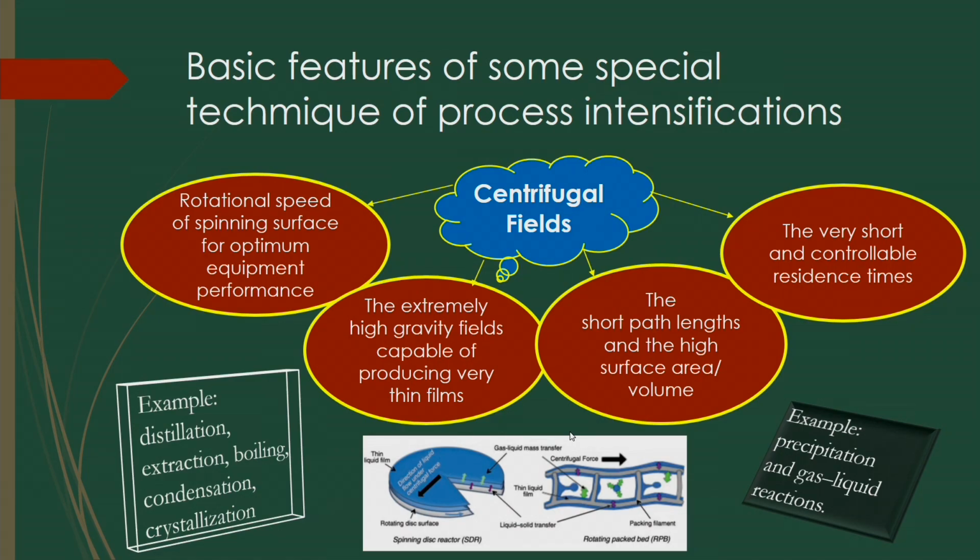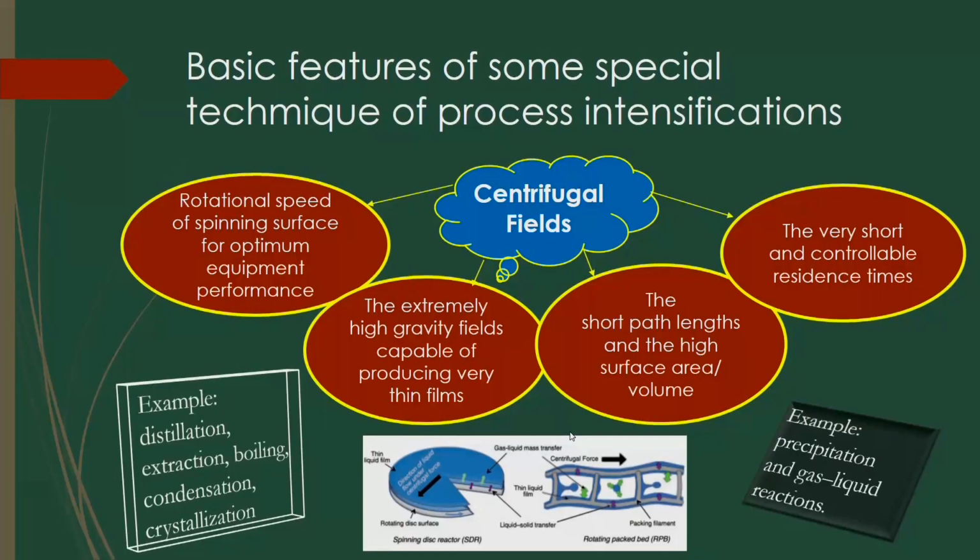Whenever a reactor is spinning at a certain rate, the fluid will get some centrifugal action, and based on which there will be a generation of secondary flow phenomena, and based on which the intermolecular interaction will be more, and there will be more mixing, and also plug flow phenomena will be there, and based on which you can get the product in a more intensified way, and also there will be some optimum condition based on which you can design the process for your process intensification.